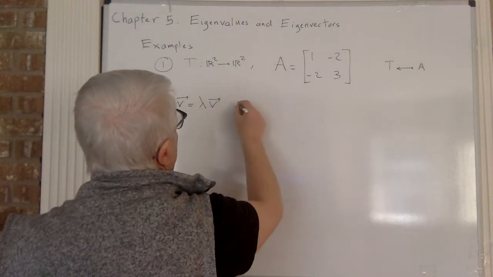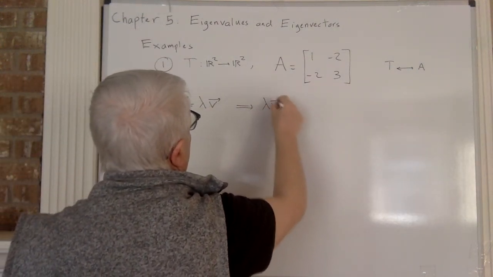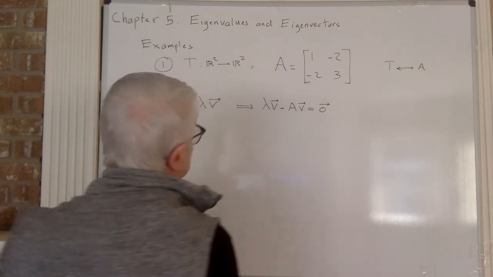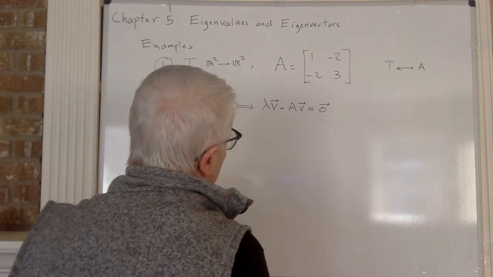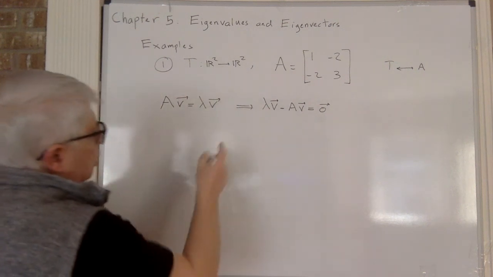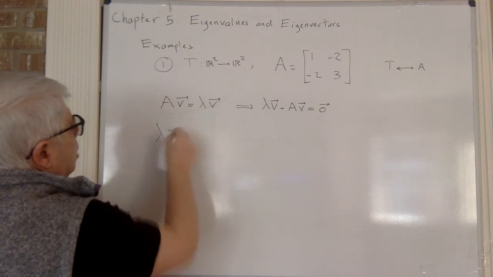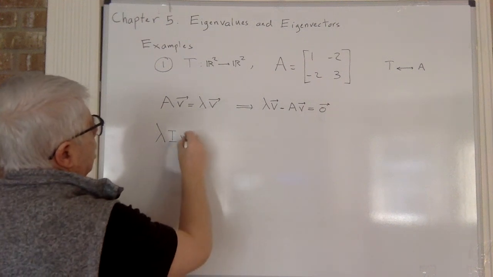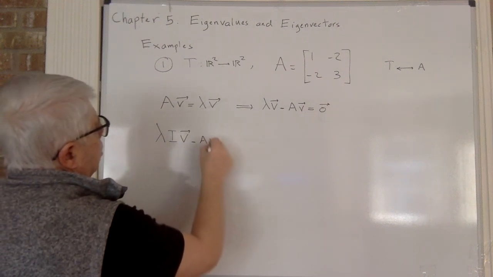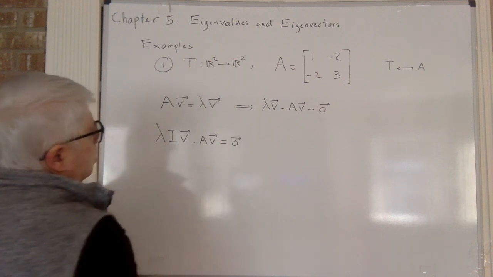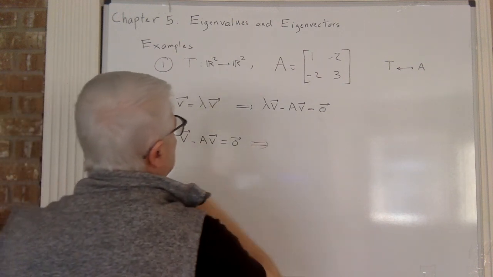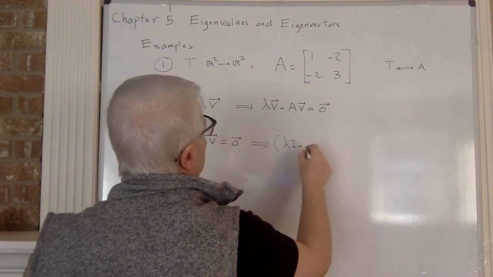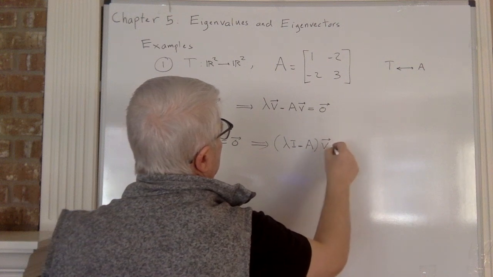So I can write this in this form: lambda V minus A V is 0, the zero vector. And I can write lambda V as lambda I V. In this case it is I2, but in general some In. So this gives me lambda I minus A times V is 0.